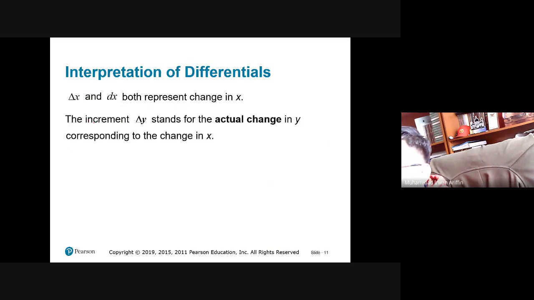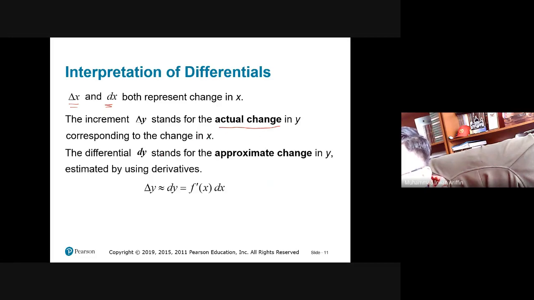Okay. So let's see the interpretation. Now, delta x and dx both represent the actual change in x, the real change in x. While for y, it is a bit more complicated. Delta y represents the actual change in y that corresponds to the change in x, while the differential dy stands for the approximate change in y, estimated by using this derivative.